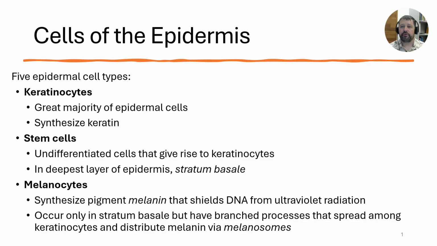Melanocytes, super important also. These produce melanin, and that material is going to shield our DNA from ultraviolet radiation.